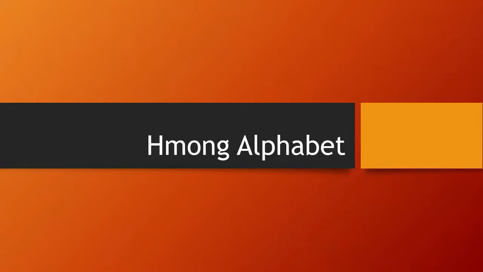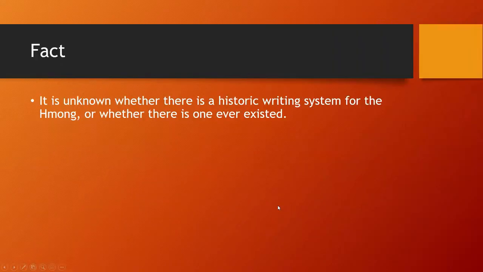Now that you're more educated about who the Hmong people are, let me teach you some facts about the Hmong alphabet of the Hmong language. Fact: it is unknown whether there is a historic writing system for the Hmong, or whether there ever existed one. This is true.